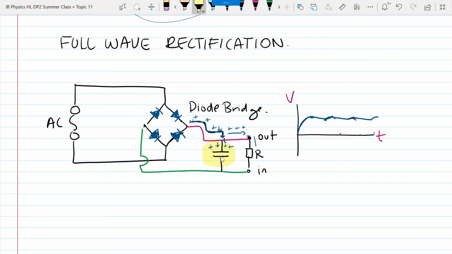And that's it. Okay, so this is half wave and full wave rectification. Full wave rectification has one with no capacitors, and the second type has a capacitor before the output, right?